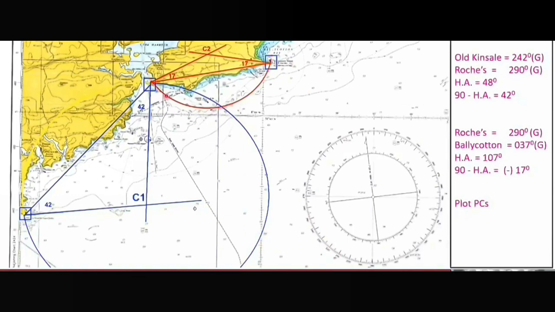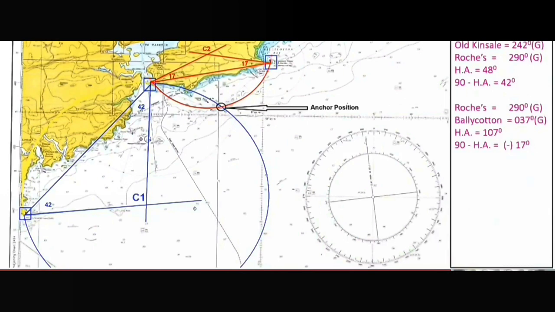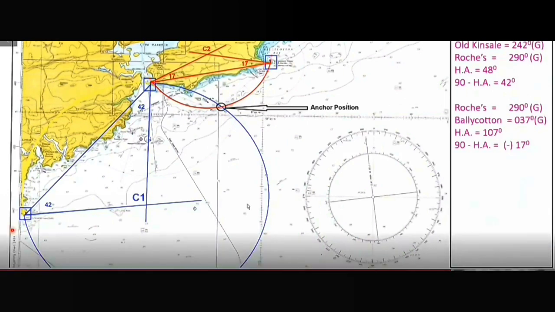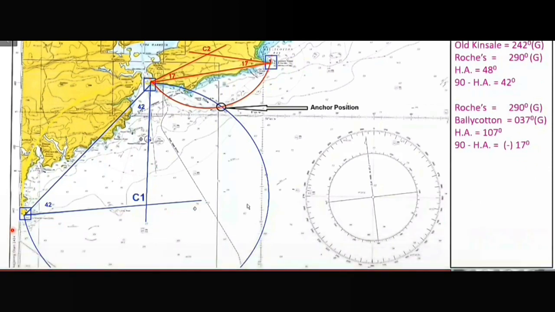So the blue is one position circle, the red one is the second position circle. Both are of simultaneous observations. Wherever they intersect, obviously that is the anchor position of the vessel. Okay, beta. Now have a good look at the diagram, at the plot. Let me know your doubts.